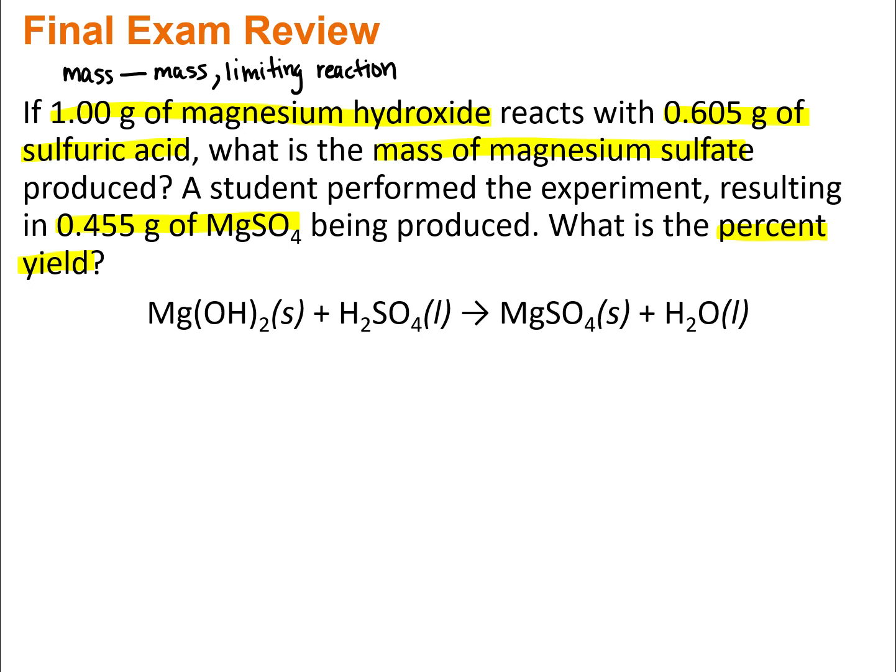So we need to do two smaller mass-to-mass questions to figure out which one of our reactants is going to limit the amount of product we make. Once we figure that out, we'll know what our theoretical yield is, which is required to calculate the percent yield.